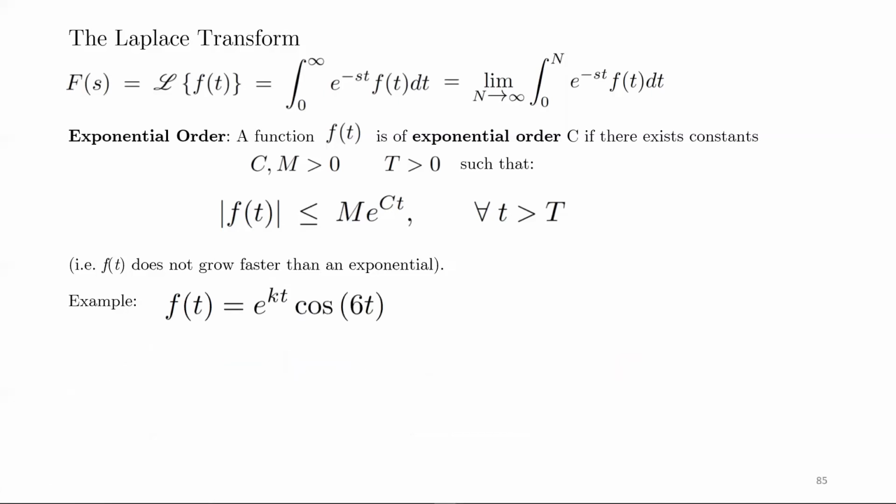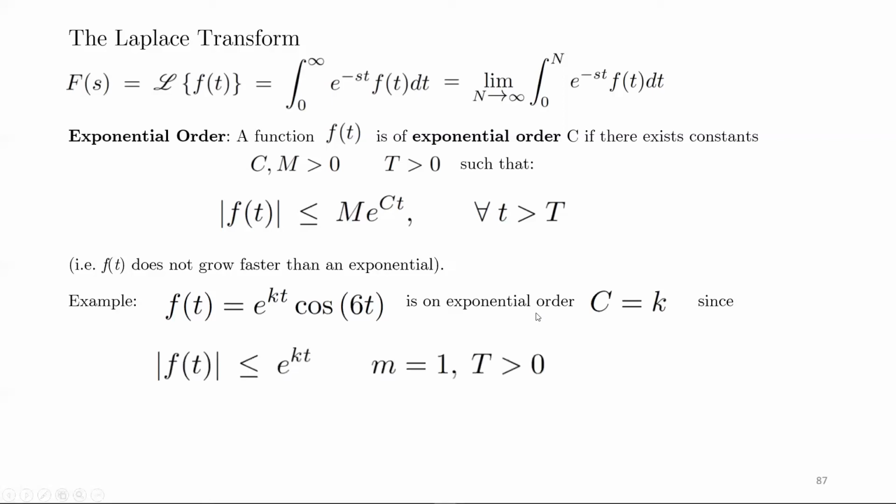But let's look at a different example first, one that is growing slower, or at least as fast as an exponential. So e to the kt, where k is a constant, times cosine of 6t. This is of exponential order c equals k, where k is the term in the exponential. So the absolute value of f of t is less than or equal to e to the kt here, where M is 1, because cosine is never bigger than 1.